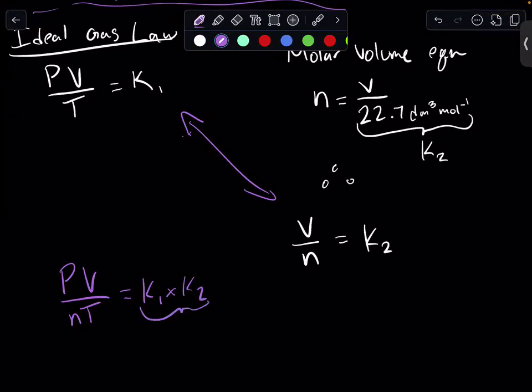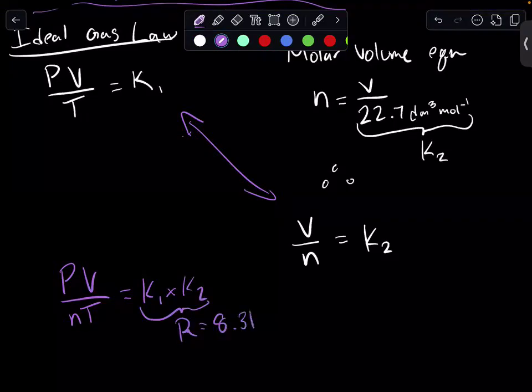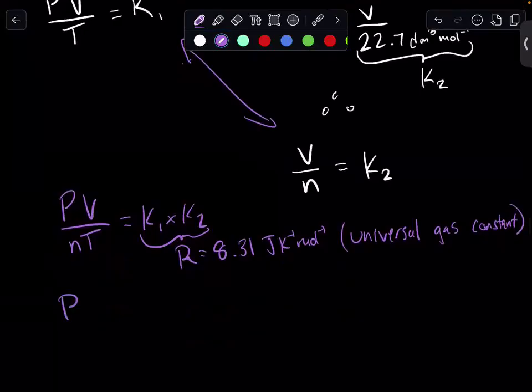This, however, becomes a new constant we're going to refer to as R, which is 8.31 joules Kelvin inverse mole inverse. And this is what's known as the universal gas constant. If we now rearrange one more time to keep everything on one line, PV is equal to nRT. And this is our ideal gas law.